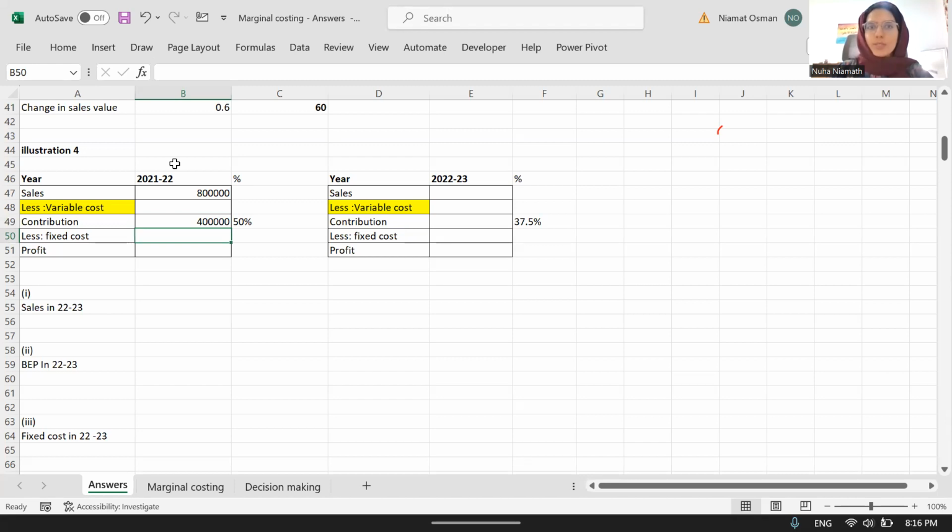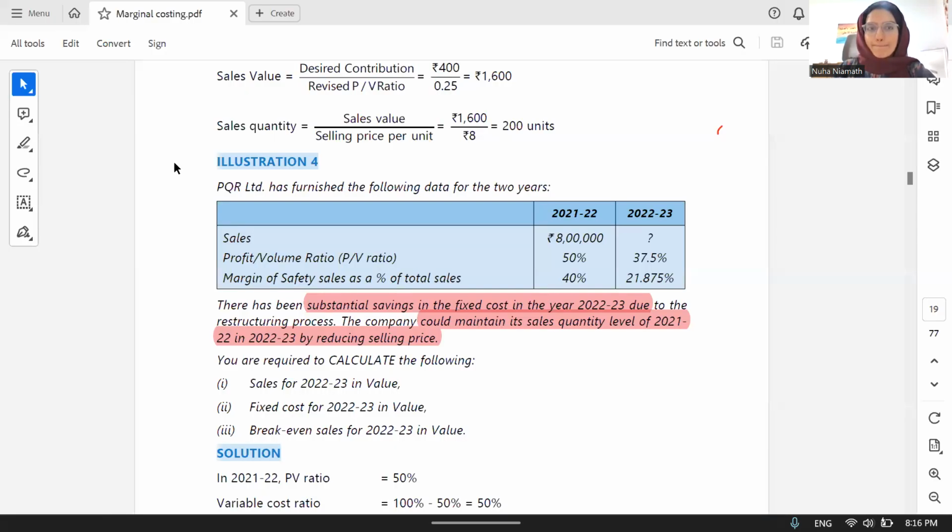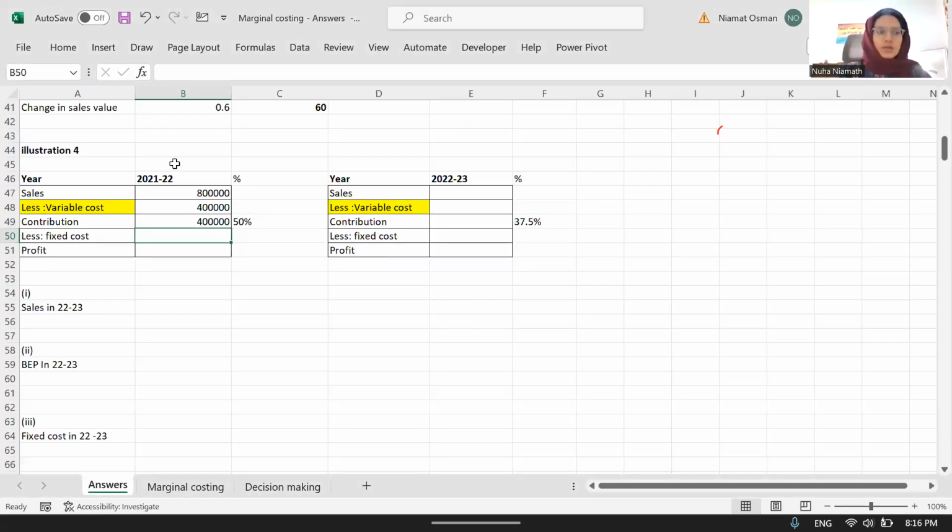So what will be my variable cost? 8 lakh minus 4 lakh. Basically, the remaining 50% will become my variable cost. Now, fixed costs. Is that given? Fixed cost is not given directly. We will figure it out moving forward. But for now, we have gotten 4 lakhs.